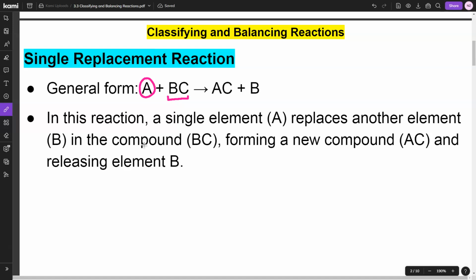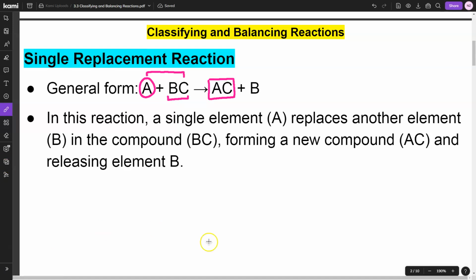It will come in and replace one of the pieces. In this case, it's going to kick out the other cation. So B would be our cation, and it's going to pair up with the anion C. It'll make a new compound that contains A as the cation, C as the anion, and then B is going to get kicked out. Okay, so that is a single replacement reaction.